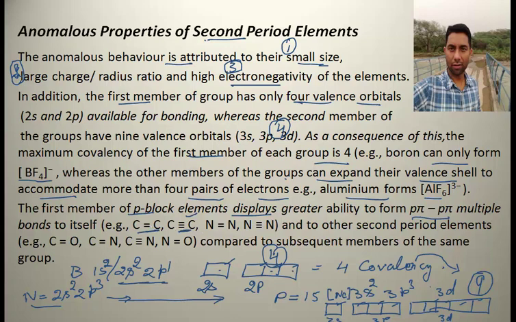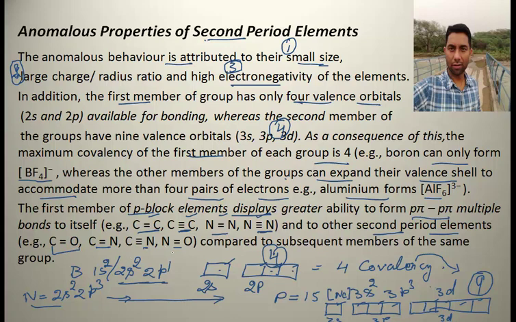This is found in alkynes, and this in alkenes. In the same manner, nitrogen can form a triple bond, or sometimes in azides a double bond is also formed, with the other second period elements, or among themselves. For example, carbon and oxygen, carbon and nitrogen. These bonds may be there.